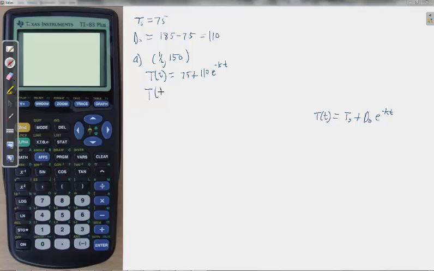So T of 1/2 equals 75 plus 110 e to the negative k times 1/2 equals 150. Take the 75 over. 110 e to the negative k over 2 equals 75. Divide by the 110. e to the negative k over 2 equals 75 over 110. Let's see, 5 goes into that 15 times, and 5 goes into that 22 times.